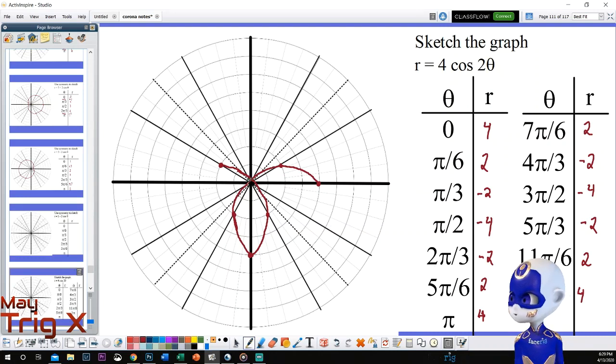Now I'm going to pi over 4, 1, 2, 3, and 4. The next line takes me to 2, 1, 2. I'm trying. My next line takes me to negative 2, so it should be here on this line, but I'm going to negative 2, so I'm going 1, 2 like this. And then my next one takes me to negative 4. It should be on this line, but instead I'm going this way, 1, 2, 3, and 4.